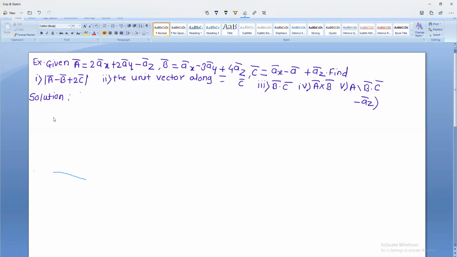Okay. Now the third question. B bar dot C bar is equal to, write down vectors B bar and C bar.